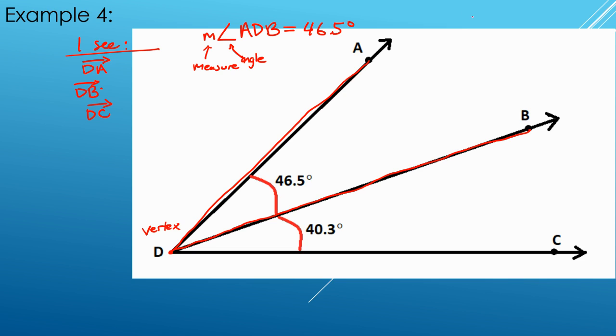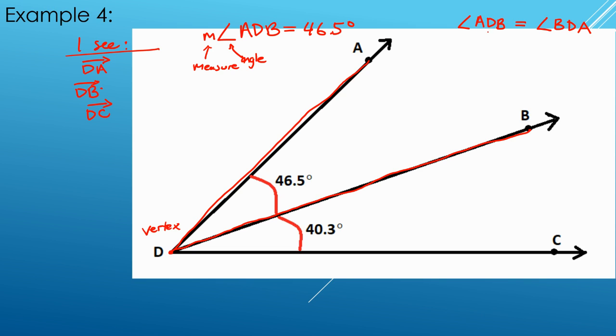A side note I want you all to understand, we can name angles in either order, just like we do with our line segments or our lines. So angle ADB, it's okay to also name that the same thing as angle BDA. These are equal, but you wouldn't put the D on the outside.